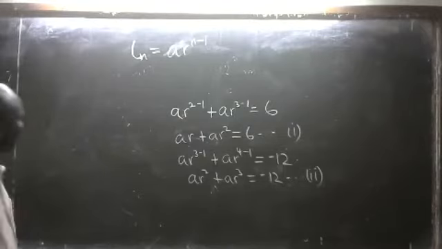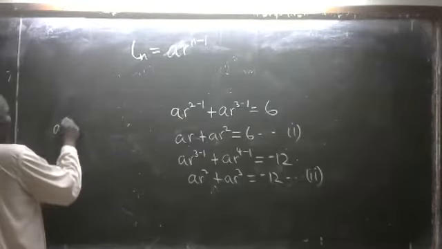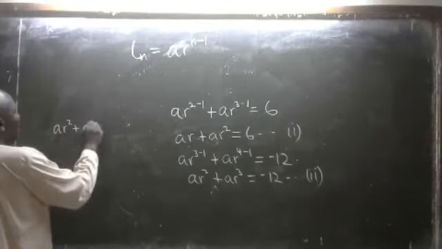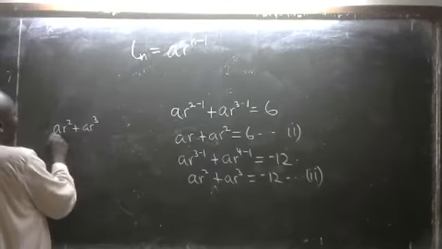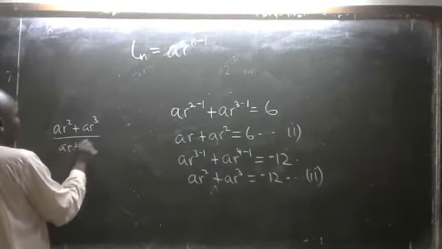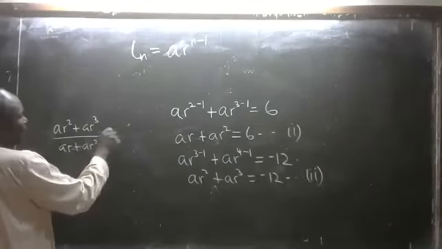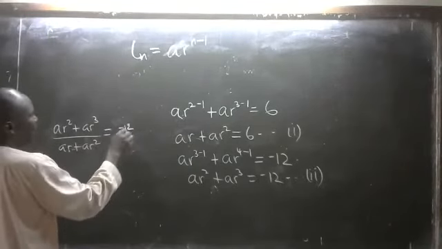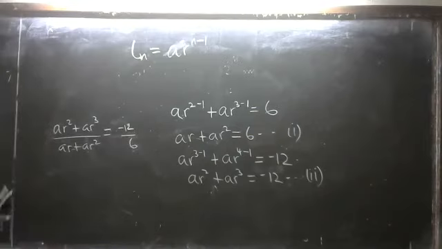So we can divide AR cubed plus AR squared over AR plus AR squared, which equals -12 over 6.